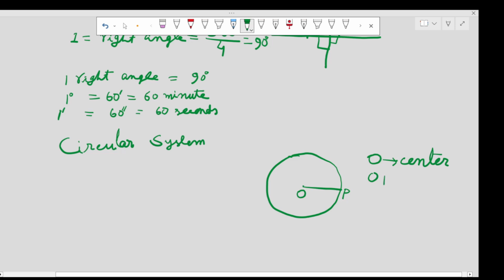OP is the radius. What is P? P is any point on the circumference.